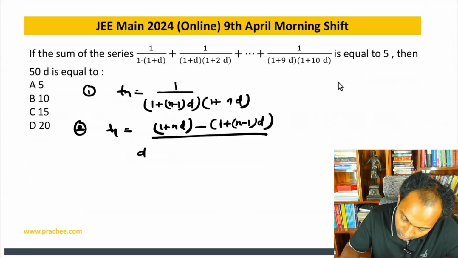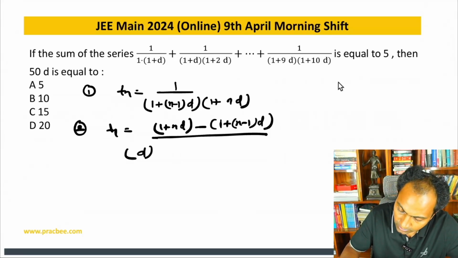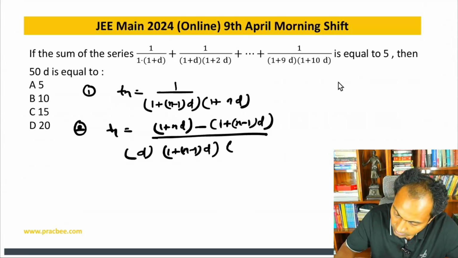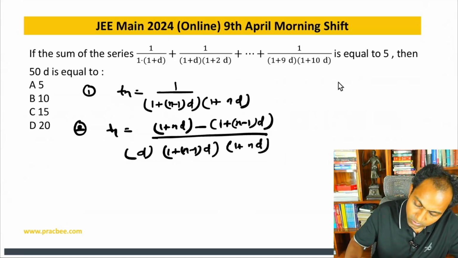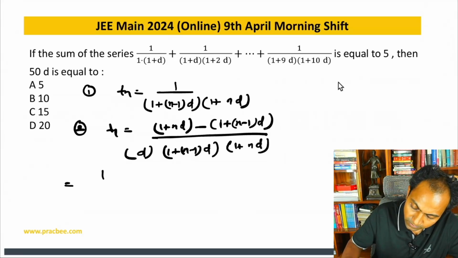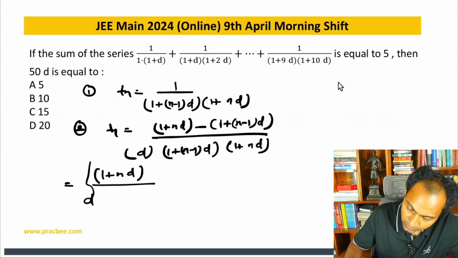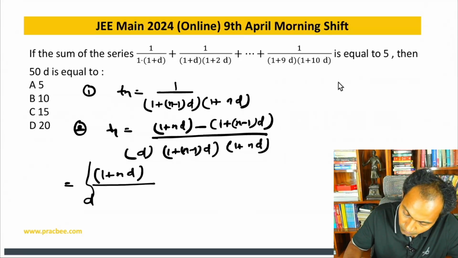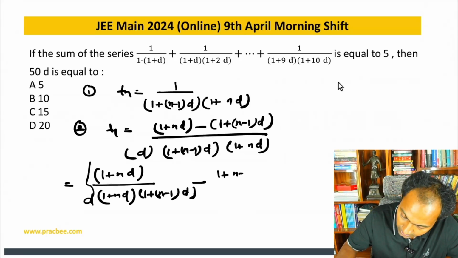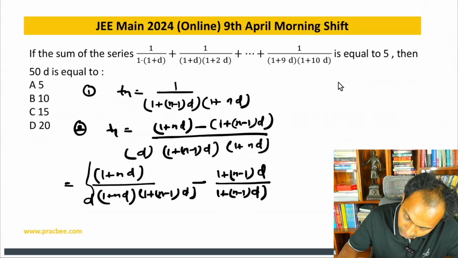And that you will have to write it in the denominator. If you subtract it, you will get it. This is 1 plus n minus 1 into d. And this is 1 plus nd. If you split it down, it will become, the first term is 1 plus nd by d, that will keep outside, into 1 plus nd into 1 plus n minus 1 into d, and second part will become 1 plus n minus 1 into d by 1 plus n minus 1 into d into 1 plus nd.